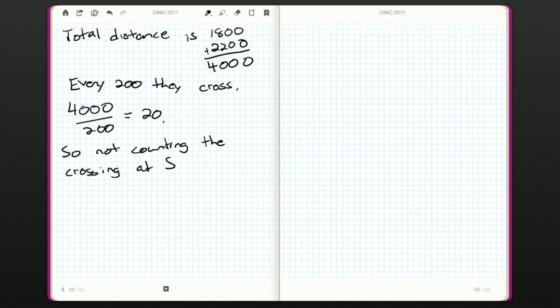So we don't want the crossing at S, the one that they're doing right now, after 4,000 total meters swum. And we wanted the crossing after their first meeting.